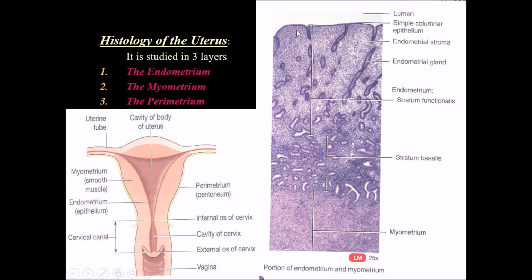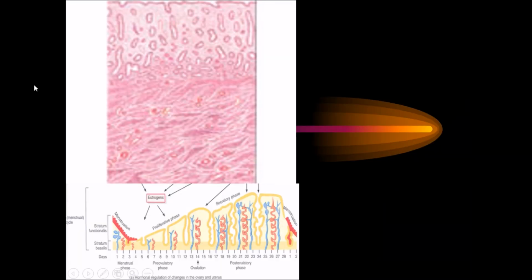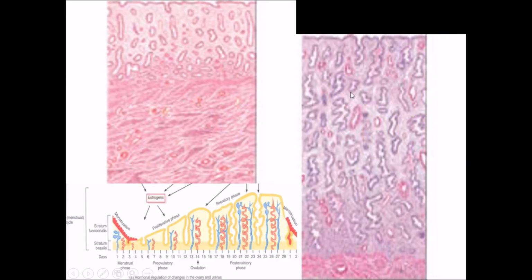So the outermost lining of this thick layer of endometrium will be the simple columnar epithelium. Okay, so this is how it looks when you see it in the microscope. We will not go into detail about the features. This is how the endometrium will be changing during the menstrual cycle.